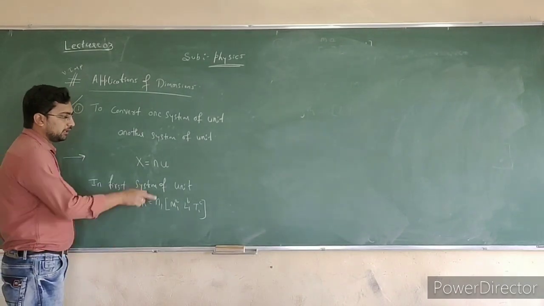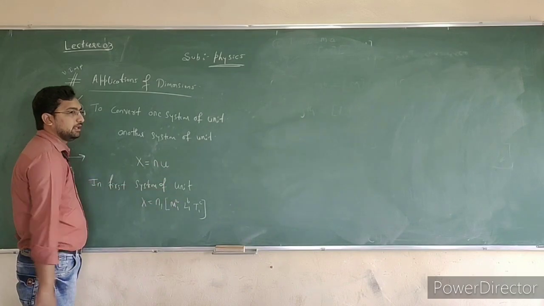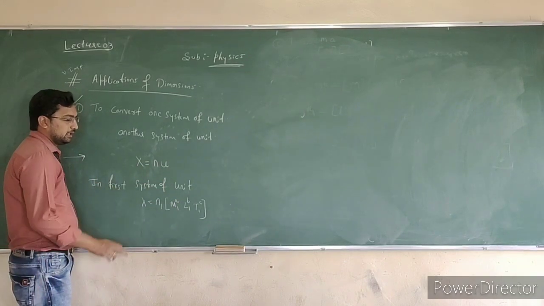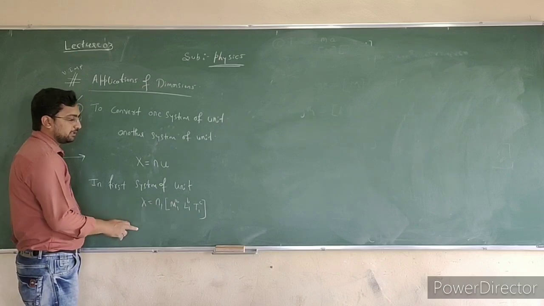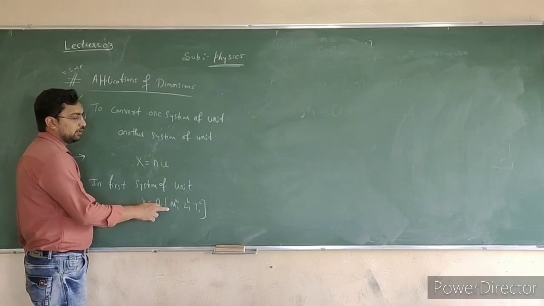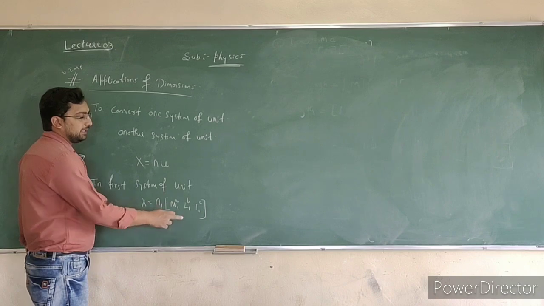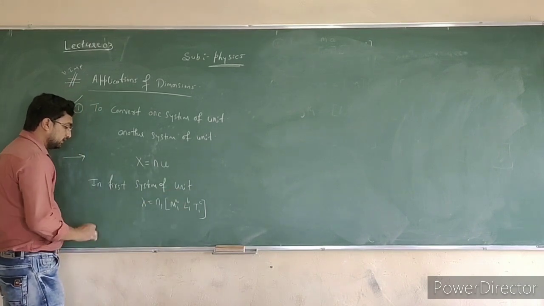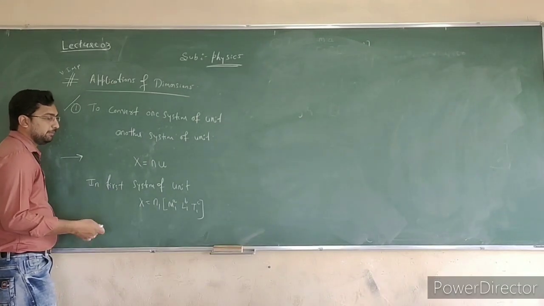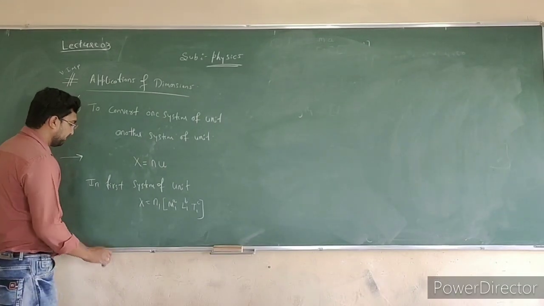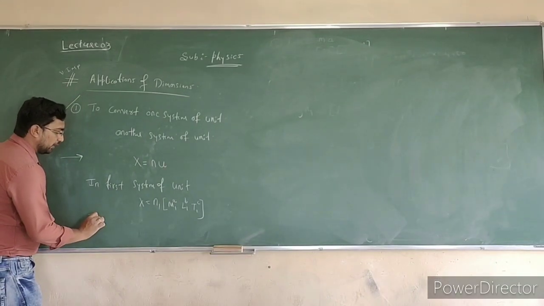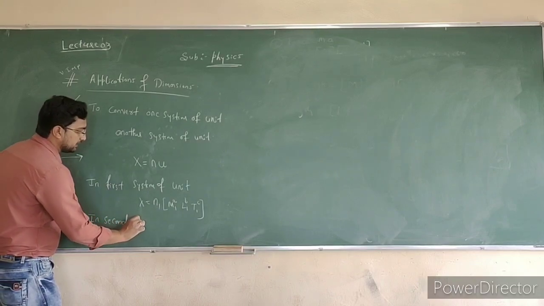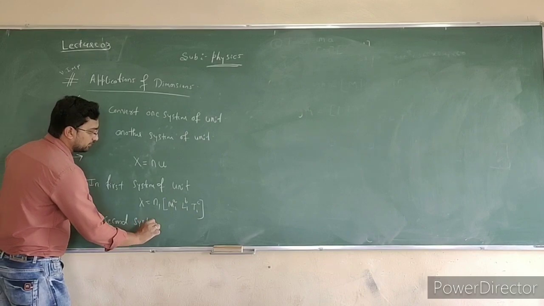So we write the unit in terms of its dimensions. In the first system of unit, the physical quantity can be represented as x is equal to n1, M1 to the power a, L1 to the power b, and T1 to the power c. Next, the same physical quantity we measure in the second system of unit.